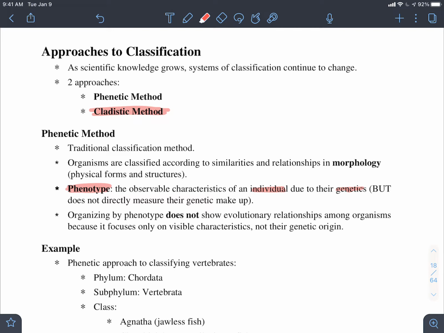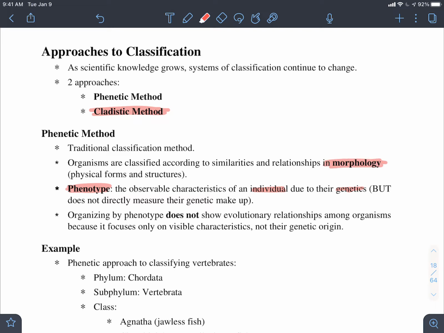Now, as biology grew, they started to understand that the genetic characteristics were much more important, because sometimes organisms might have similar genetics and look different, and other times they might have different genetics but look the same. So the phenetic method is this traditional classification method. Organisms are classified due to similarities and relationships of morphology.